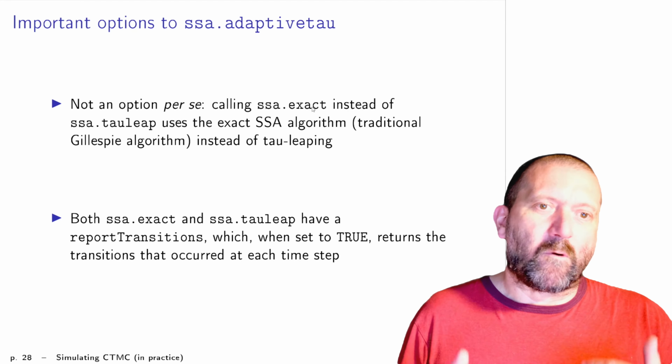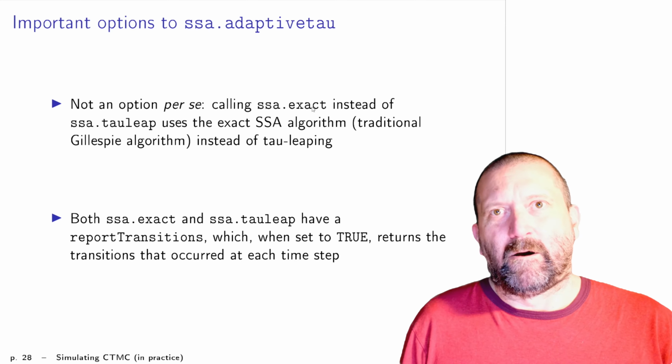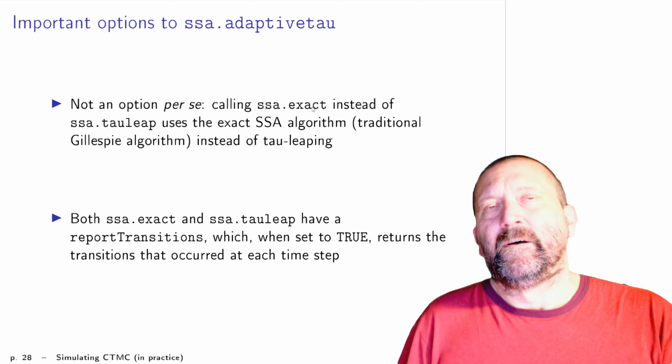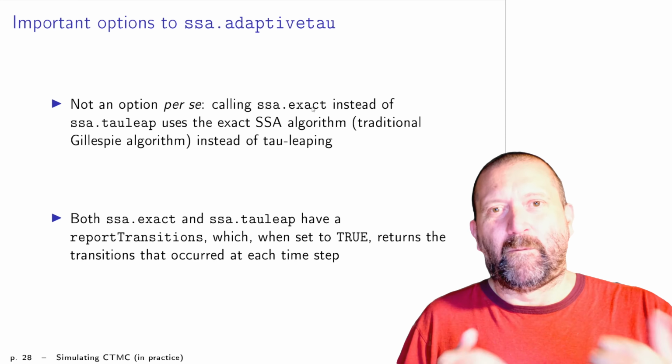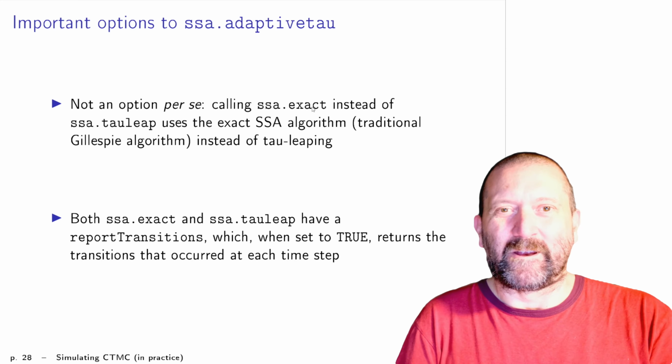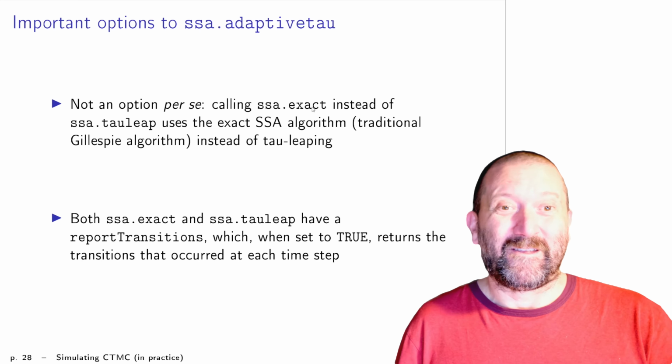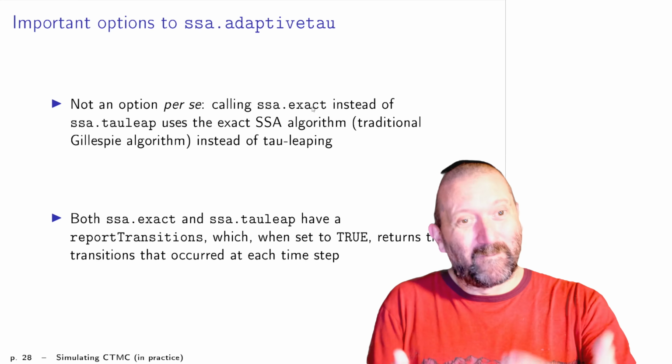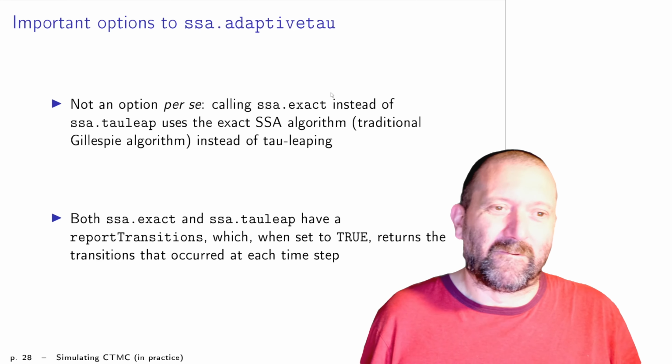I would recommend to always start like this, and then if you hit a point where your time doesn't move forward anymore, you will see very easily, then perhaps switch to an adaptivetau method.